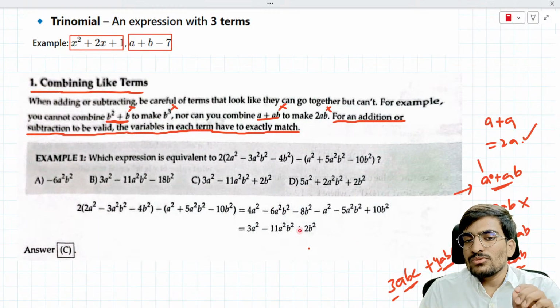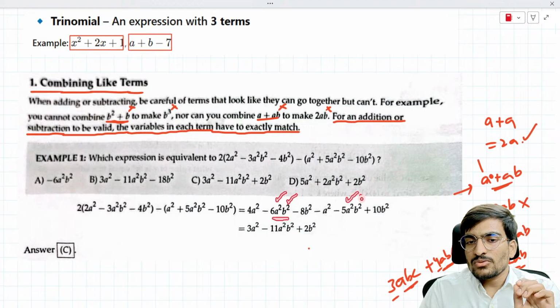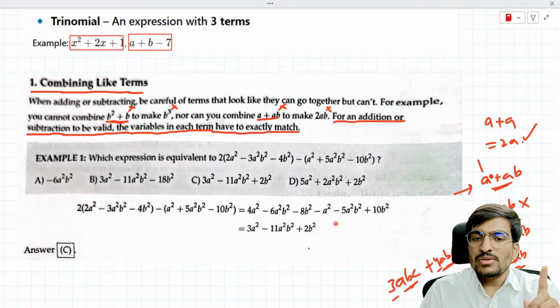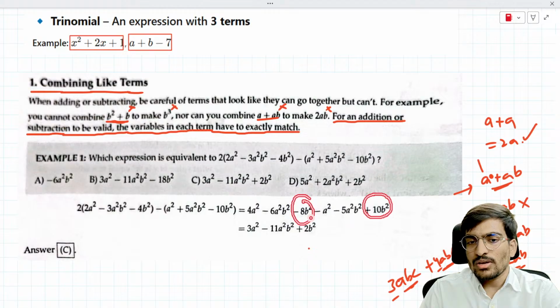I'm just doing the calculation for the similar terms, a square b square, a square b square. Hope you got it. But you can't combine the b square term and the a square b square term. The variables must be the same, then only you can add them. We call them like terms. And we are done with the a square b square terms. Now we have only negative ab square, positive 10b square. b square is the same, so 10 minus 8, which is 2b square. So hope you got it.